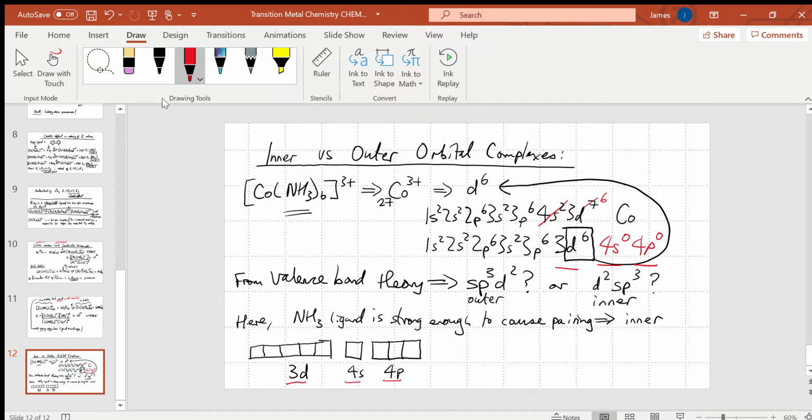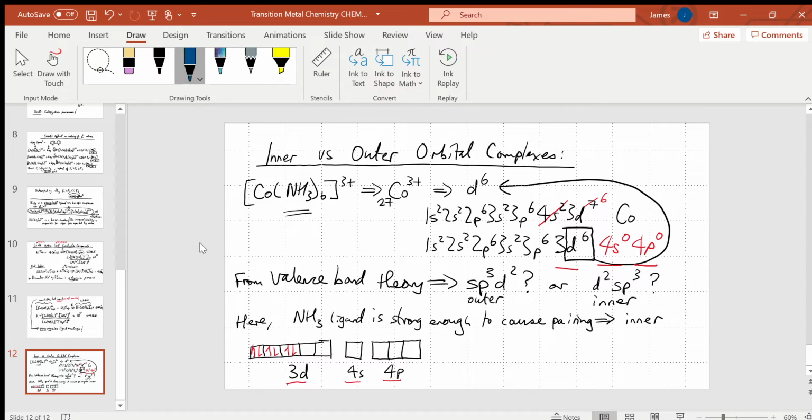Okay, and then we've got pairing. So these 6 electrons pair up. So we have Hund, Pauli, Hund, Pauli, Hund, Pauli. They pair up. And now they leave space. Let's go with blue.